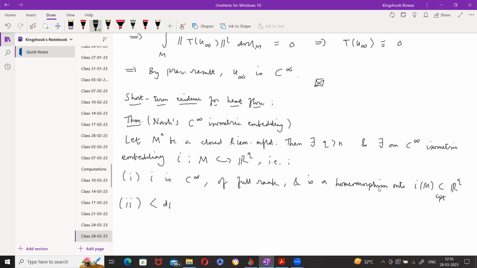So inner product of DIP V, DIP W, this inner product is in RQ. These are vectors in RQ. This is equal to inner product VW. So this inner product is in TPM. It's the inner product coming from the Riemannian metric. This is for all V, W in TPM and for all P in M.